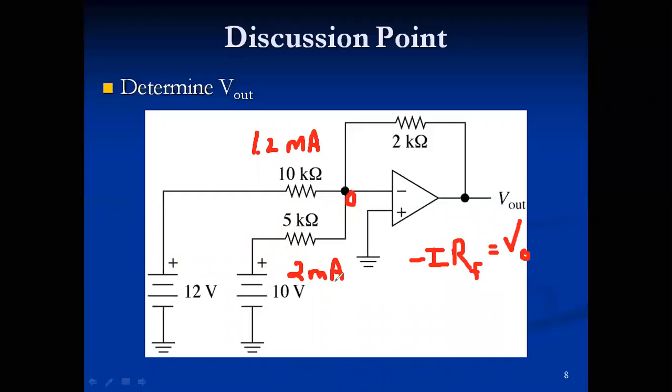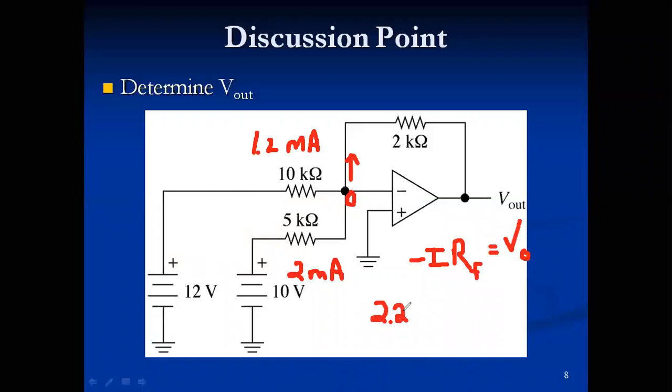Okay, so 10 milliamps here, and this is 12 divided by 10. So that's 1.2 milliamps. Once we get to this node, what happens? What current do we see? They combine, okay? So we all see that this will become 2.2 milliamps.